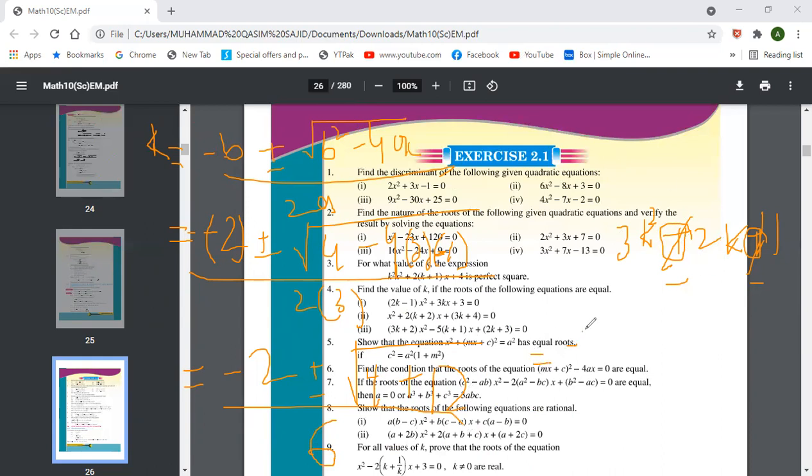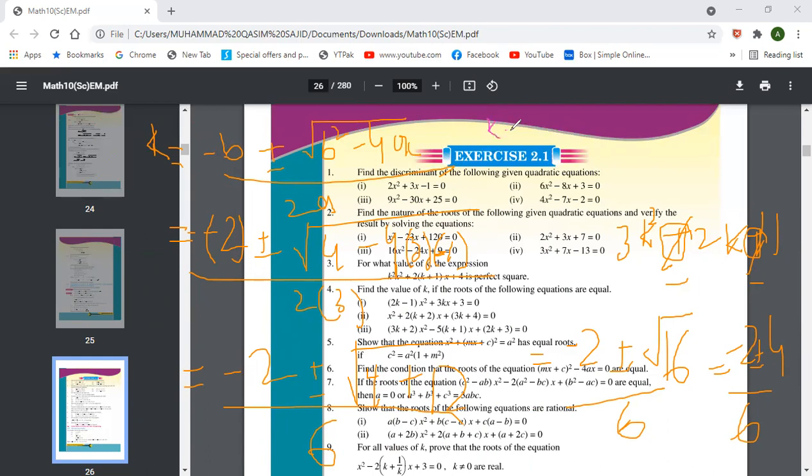Now this equals minus 2 plus minus under root 16 upon 6. Under root 16 equals 4, so this is 4 upon 6. So k has two values.